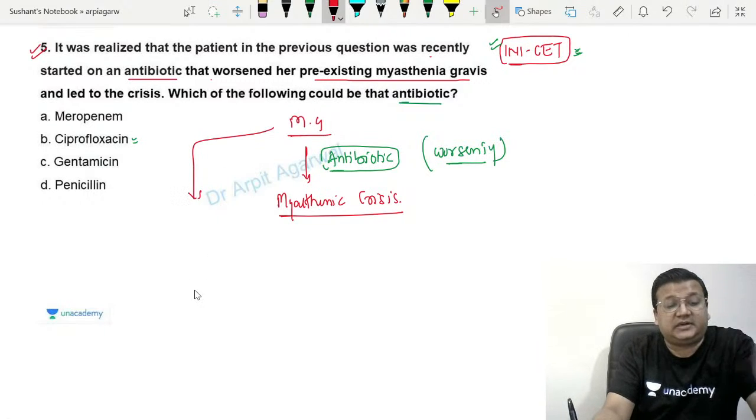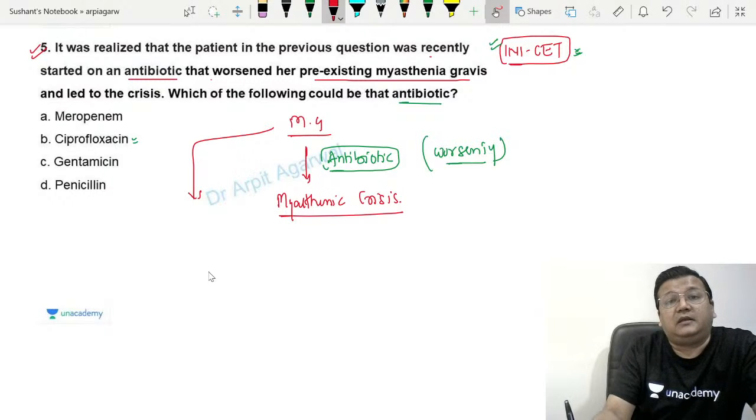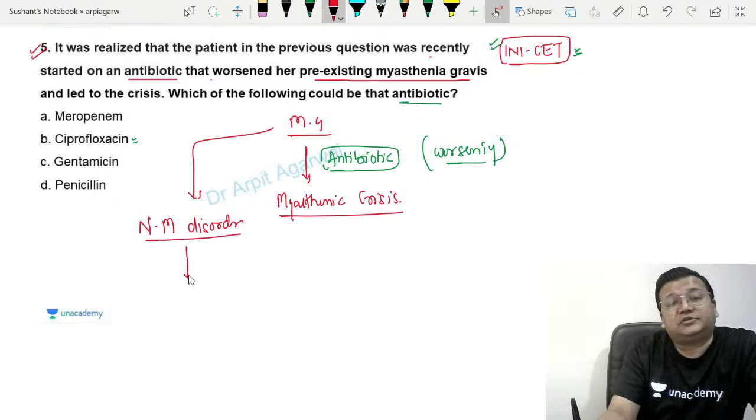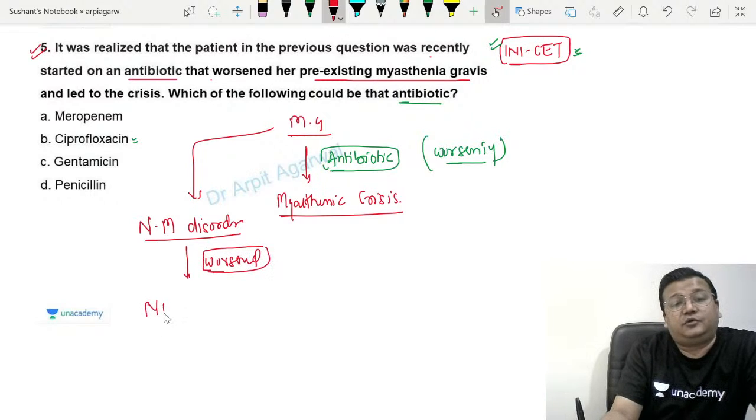Please try to understand. You are looking for myasthenia gravis, which is a neuromuscular disorder. A neuromuscular disorder will be worsened by which drugs? Those which have neuromuscular blocking action, neuromuscular blockers.